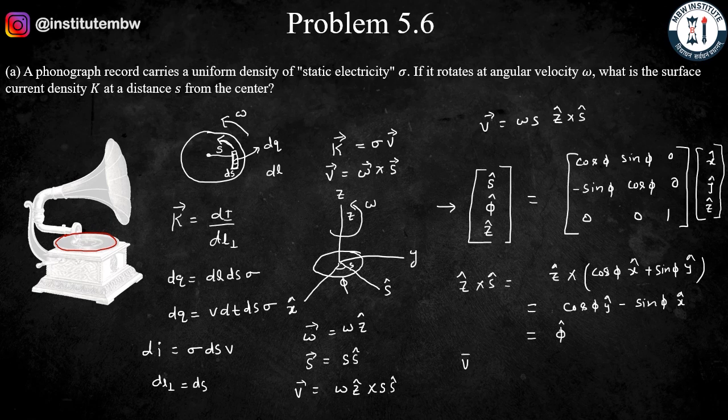So v vector is omega s phi cap. So our surface current density will be sigma and omega cross s, that is sigma omega s phi cap. So it is our answer in terms of s, and s is the distance from the center.